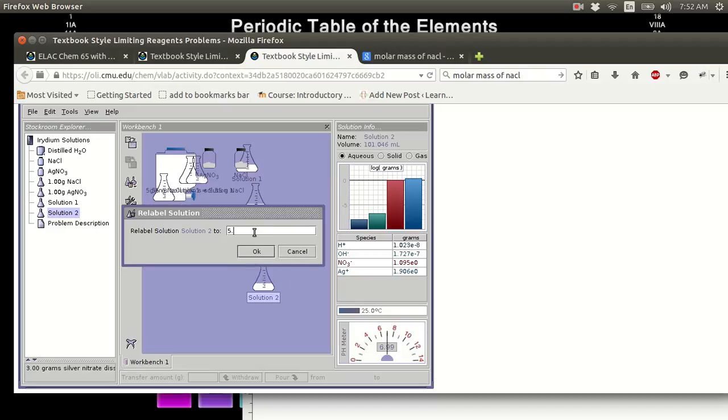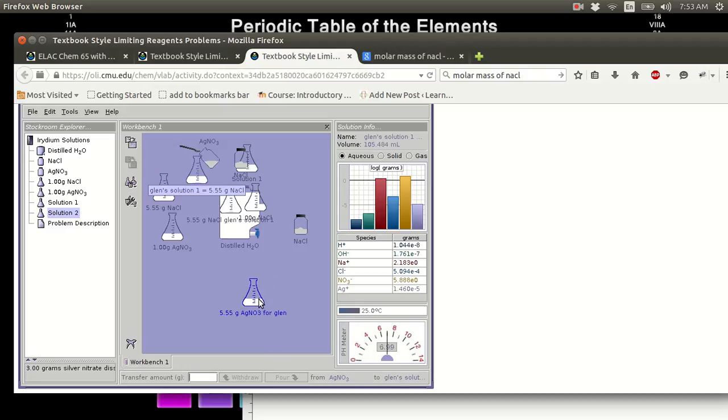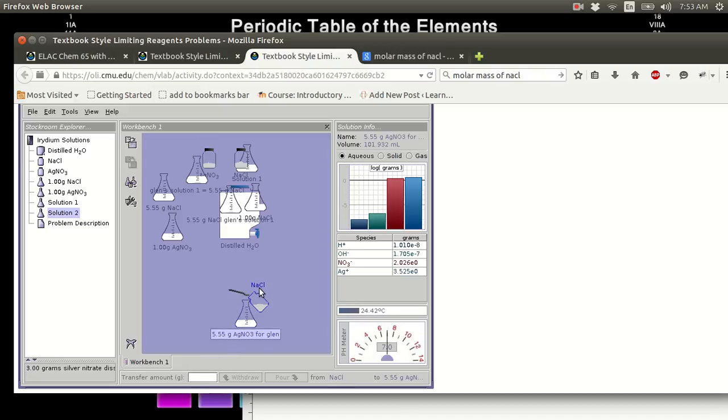All right, AgNO3. Okay, so here is my solution 2, and you just have to add a very large amount of NaCl. I could add 100 grams.